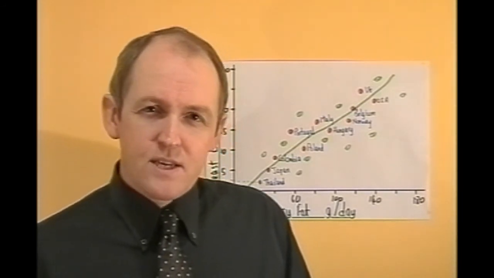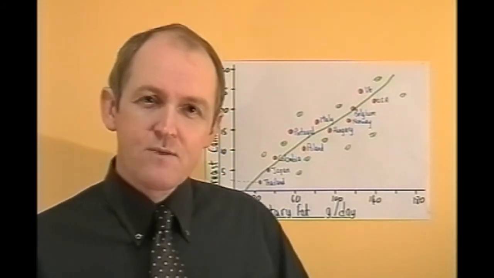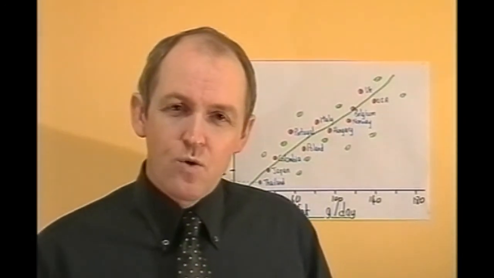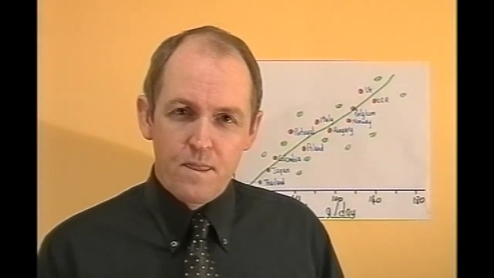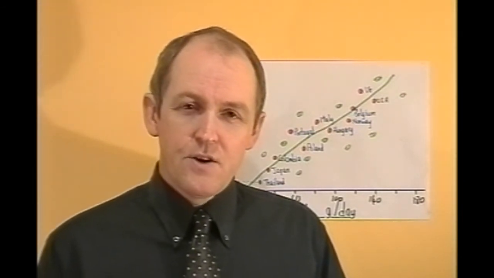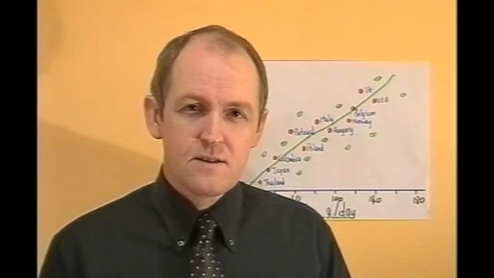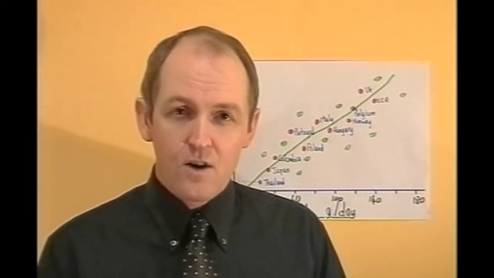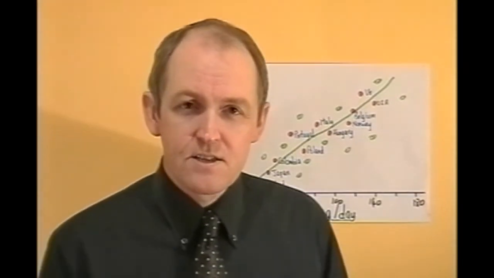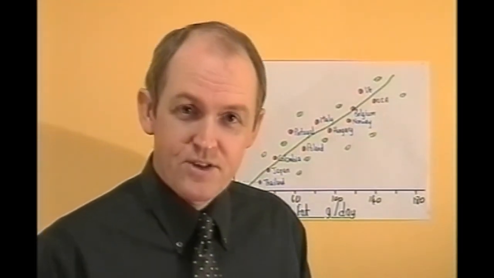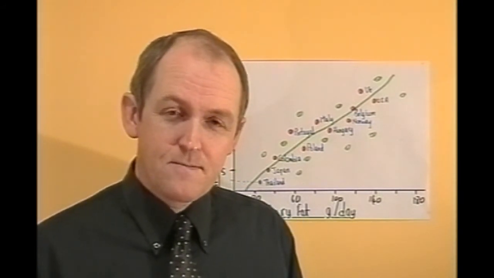And we know that there seems to be something associated with an affluent lifestyle which predisposes towards coronary heart disease. Factors like eating too much fat, not taking enough exercise, smoking cigarettes. We know all these are causative factors in many cases of coronary heart disease. They certainly influence the epidemiology of coronary heart disease.